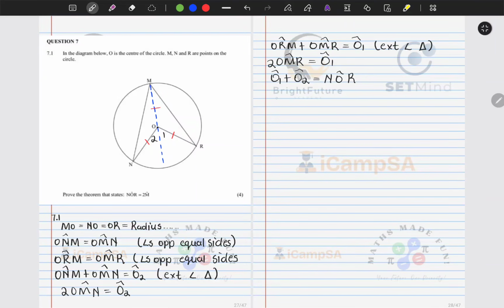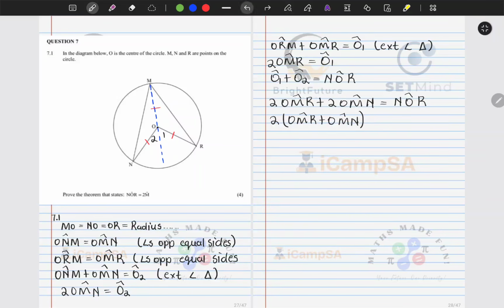Okay, so meaning if we have 2 times OMR plus 2 times, if you observe the other one, OMN, what we have is this NOR angle. But we can factor out something here and be left with OMR plus O angle MN.